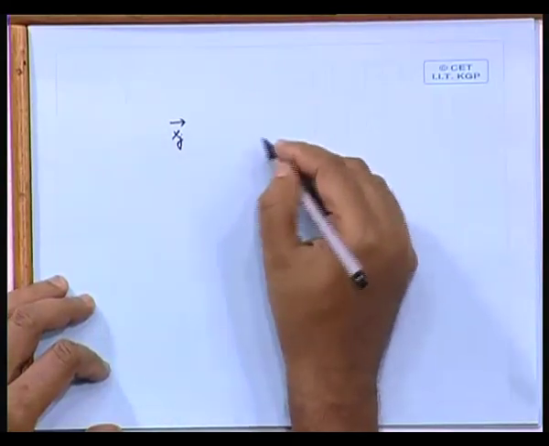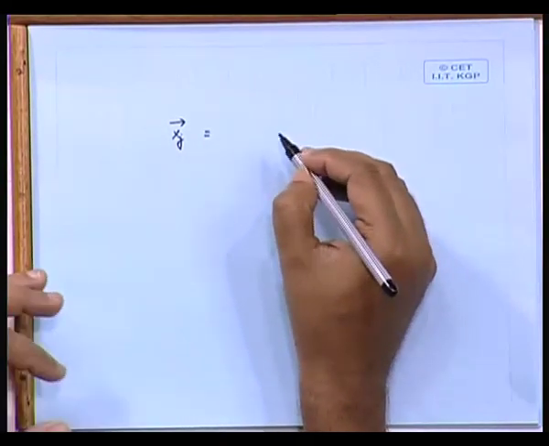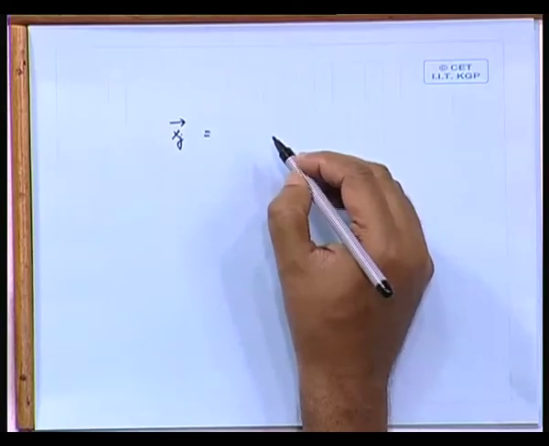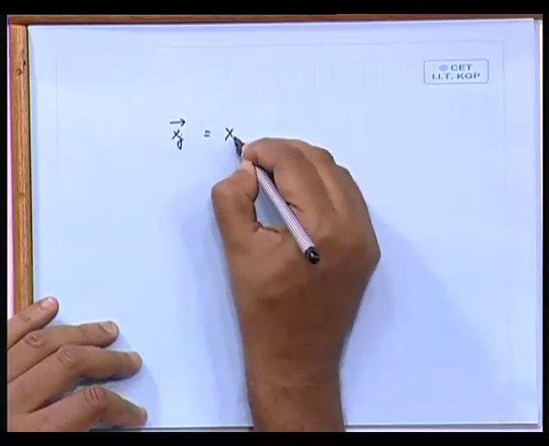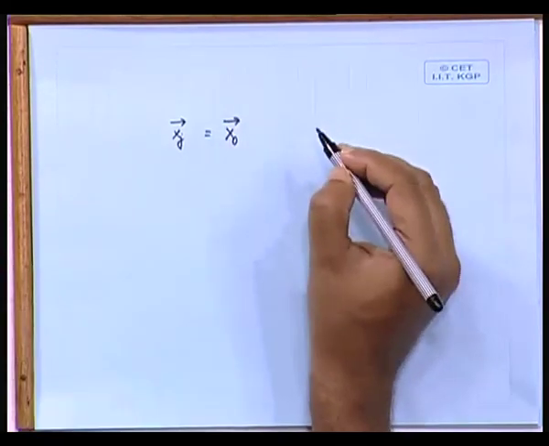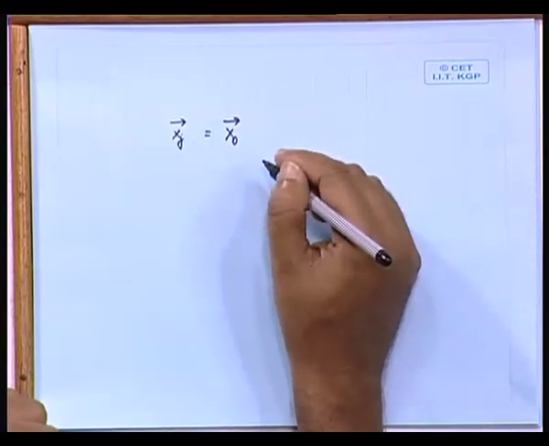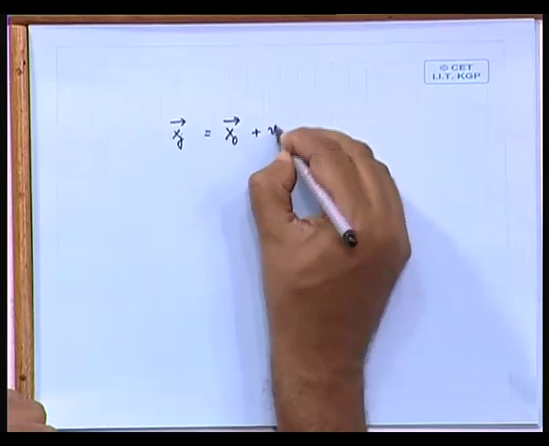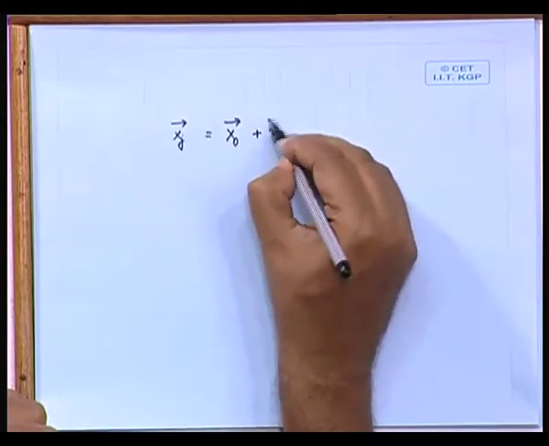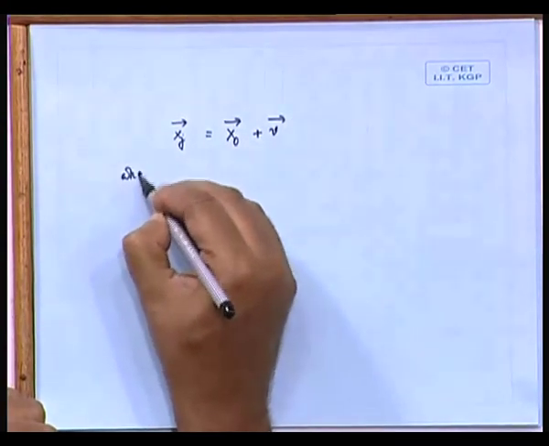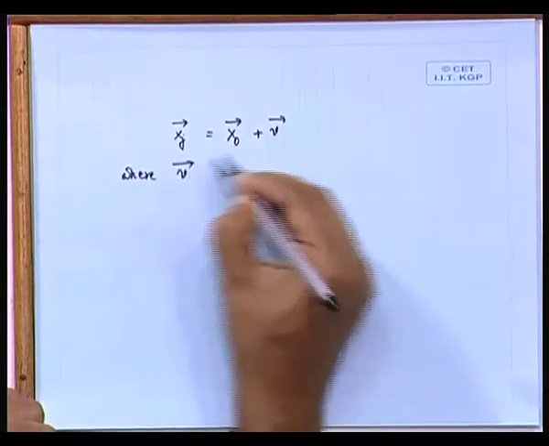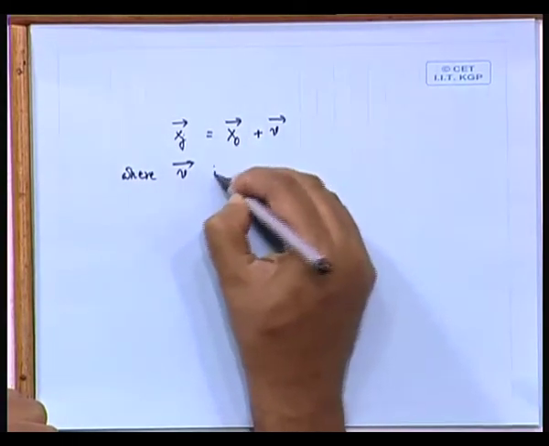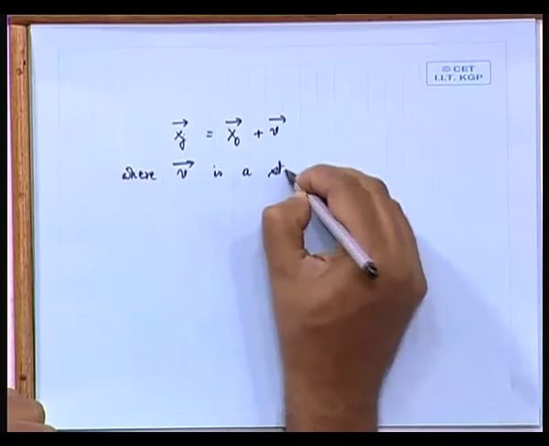Now, xj vector may be represented, in a stochastic sense, as x naught vector plus a v vector, where v is a stochastic vector.